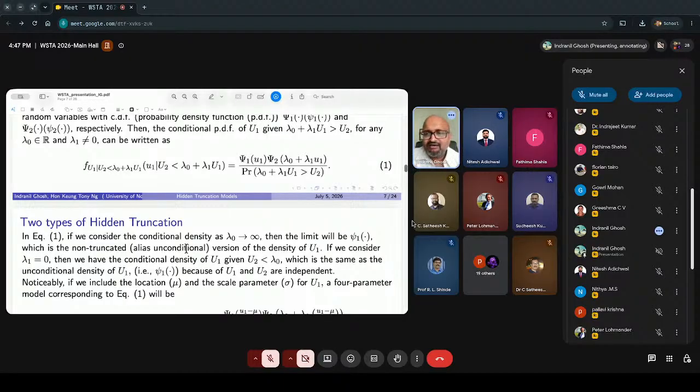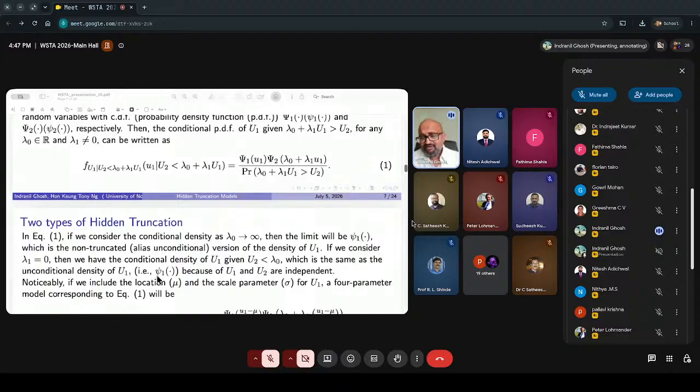Now, what we observe, and again this was similarly observed in their paper, is that if you let lambda 0 go to infinity, then this limit will be just the marginal, or non-truncated, version of the density of U1.